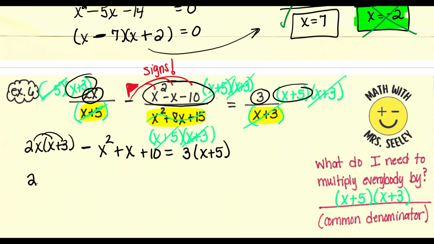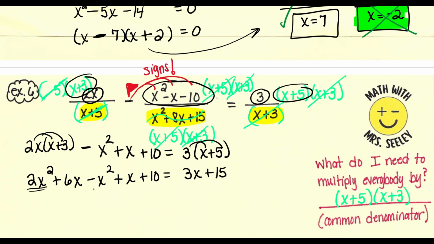So that's 2x squared plus 6x, and we're just going to bring all of this down. We're going to distribute this to get 3x plus 15. Collect your like terms. 2x squared, take away 1x squared, is x squared. You got 6x plus 1x is 7x plus 10.